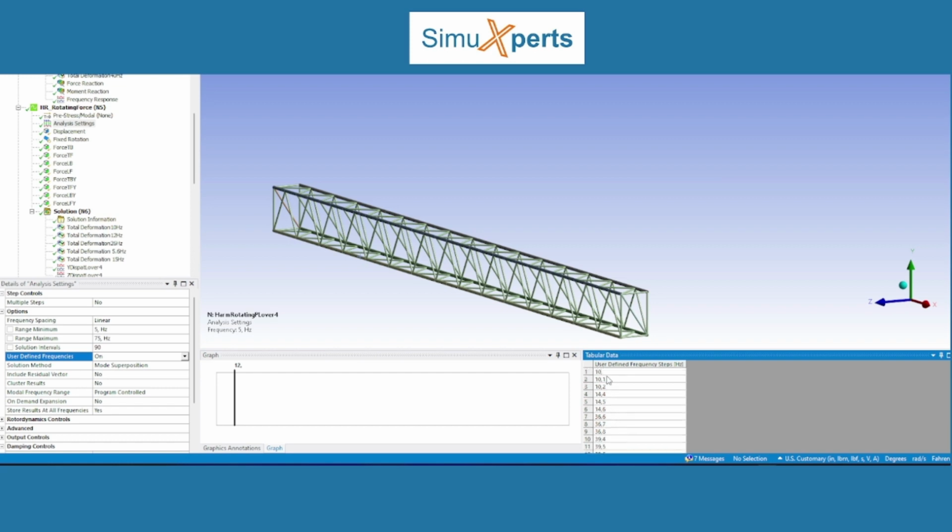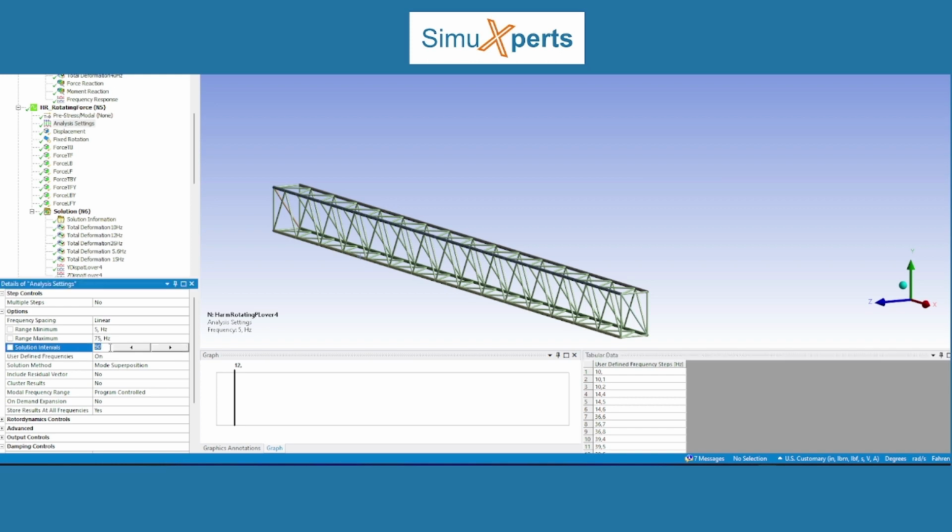I have specified specific frequencies at which I want the solver to solve for the response. So line 1 is 10. It means that we're going to look at the response when the forces are exactly at 10 Hertz. The second line is 10.1. We will get the response at 10.1 Hertz, over and above the 90 solution intervals that are requested here.